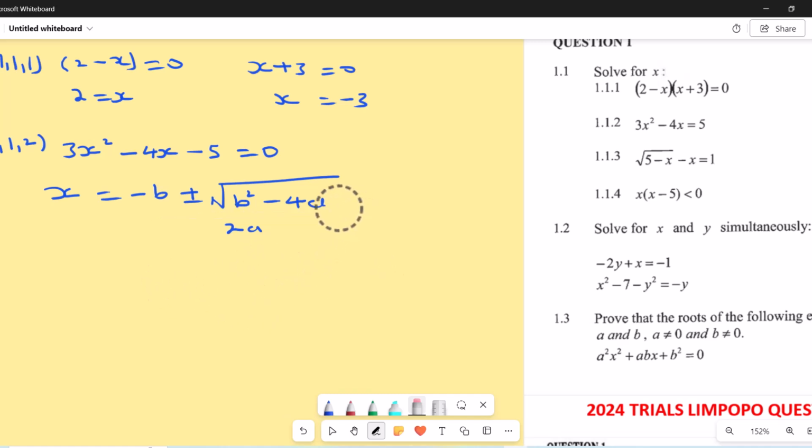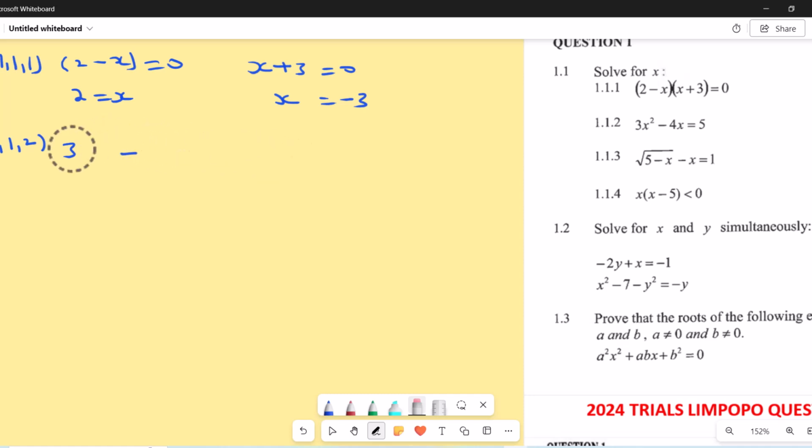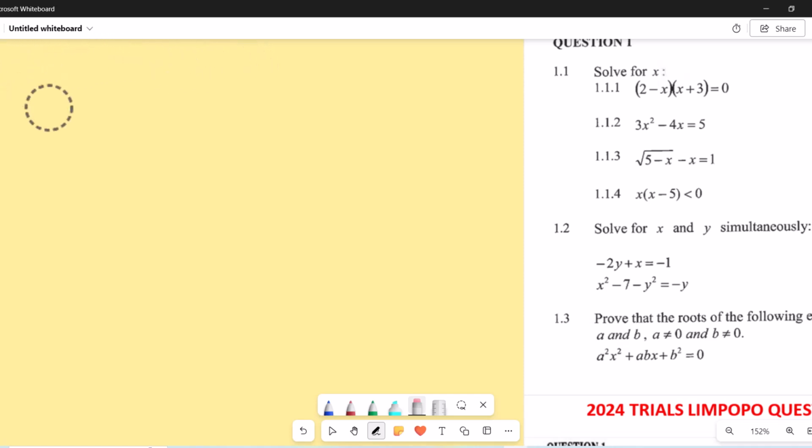They say 1.1.3: the square root of 5 minus x, and then minus x, equals 1. Let's find out here. That is 1.1.3, also from Mpumalanga paper 1.